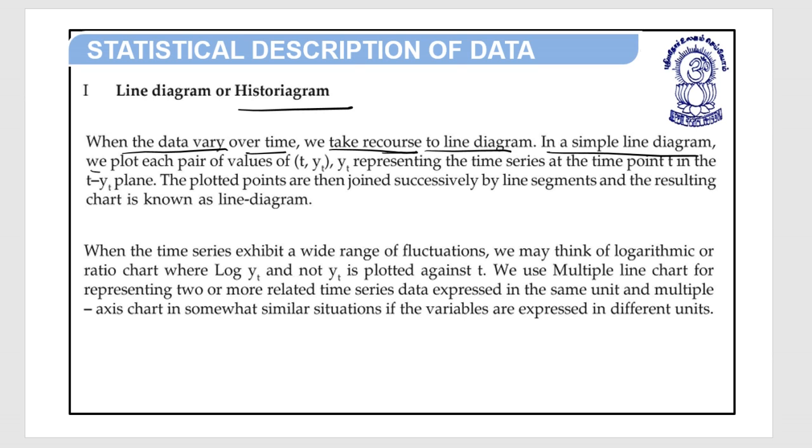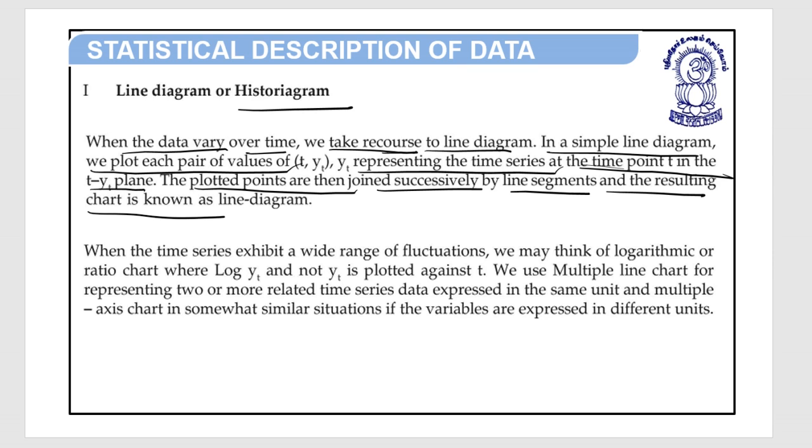In a simple line diagram, we plot each pair of values (t, yt), yt representing the time series at the time point t in the t-y plane. The plotted points are then joined successively by line segments, and the resulting chart is known as a line diagram.